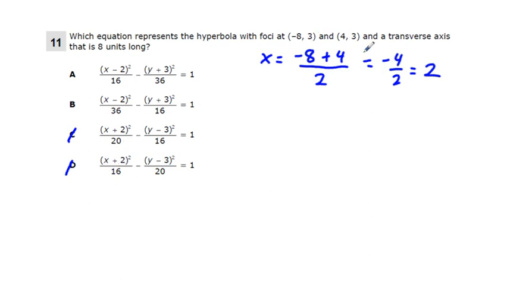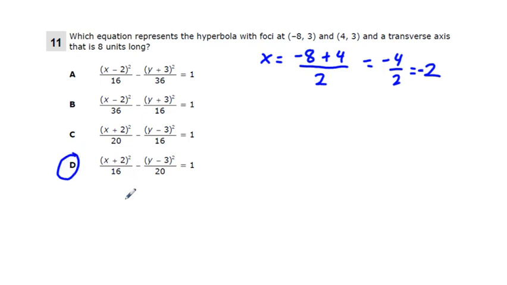Yeah, we're going to get x plus 2, and the transverse axis, it's going to be answer choice D. I got confused. I just didn't figure that out. So anyway, D is our correct answer. And why do we know that?